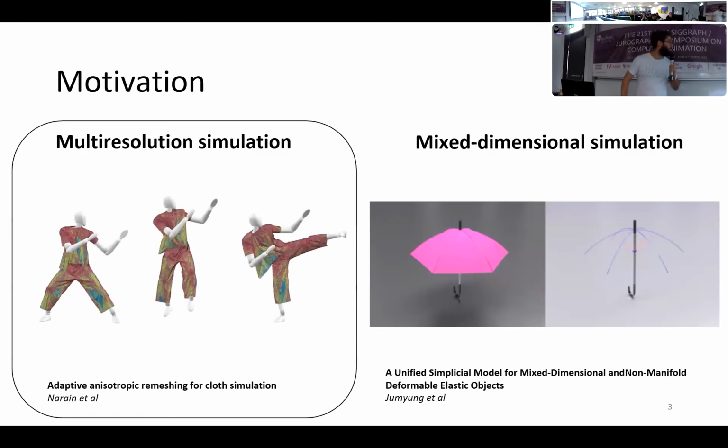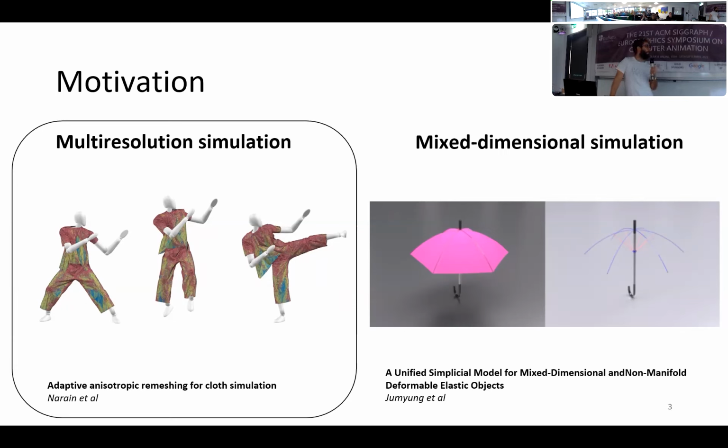First of all, multi-resolution simulation. In mesh-based simulations, the accuracy of the simulation is determined by the refinement of the underlying mesh. So if you want to achieve a good simulation with a lot of details, you need a lot of elements.